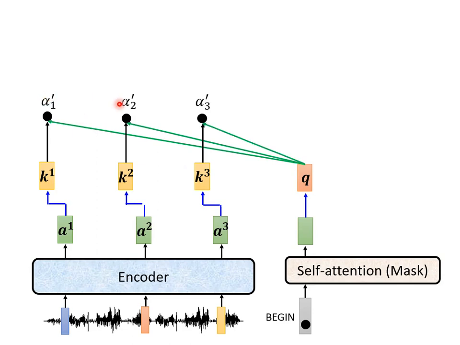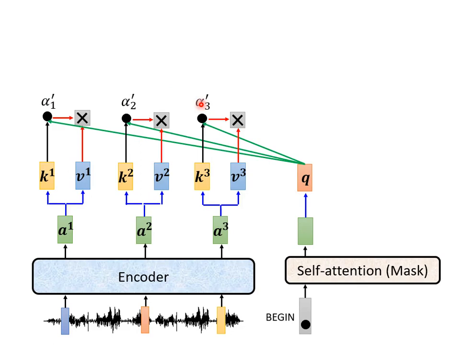Then obtain alpha 1, alpha 2, alpha 3. Of course, you may also do softmax for a little bit of normalization, so I add a prime. It means it may have gone through normalization. Next, multiply alpha 1, alpha 2, and alpha 3 with V1, V2, and V3. The weighted sum of them is denoted as V.